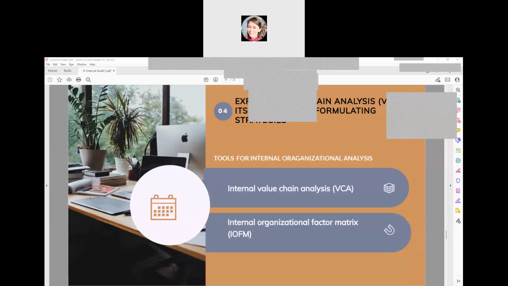That's the basic goal of VCA. In other words, by looking into internal activities, the analysis reveals where a firm's competitive advantage and disadvantage are. We can clearly see this by looking at the internal activities of the organization.